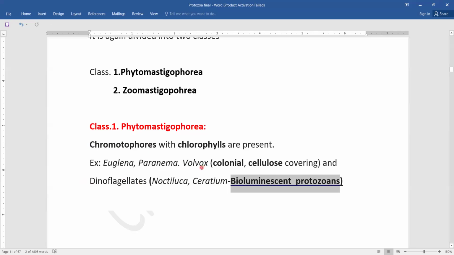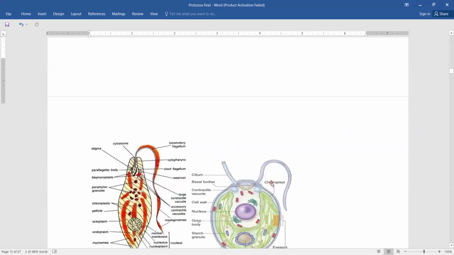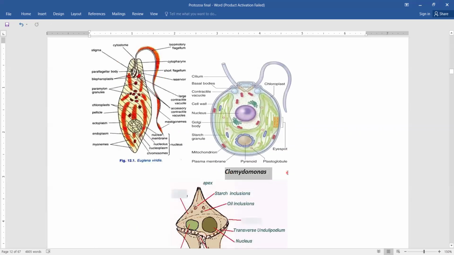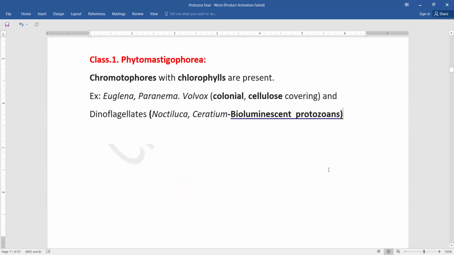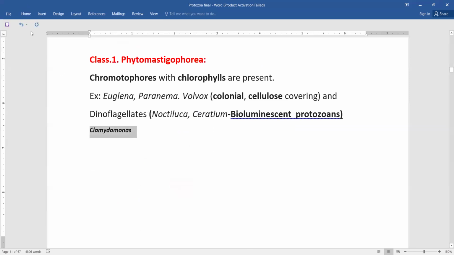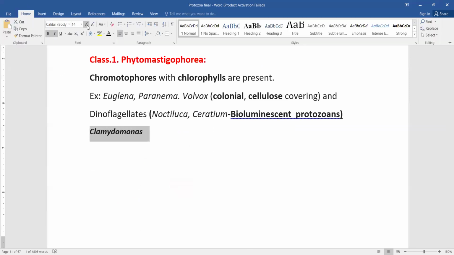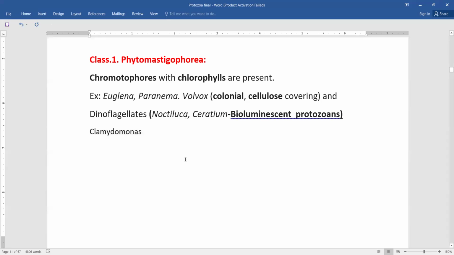Euglena, Volvox, and Chlamydomonas also are part of Phytomastigophora. Phytomastigophora ఎట్లా గుర్తుంచుకుంటాం మనం? ఫైటో మీన్స్ ప్లాంట్, ప్లాంట్స్ కి క్లోరోఫిల్ ఉంటుంది కాబట్టి, all plant-like protozoans are present in the Phytomastigophora. ఇవన్నీ కూడా autotrophic organisms.